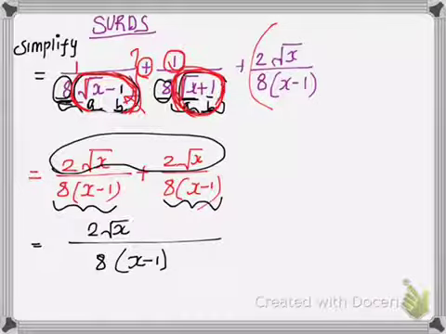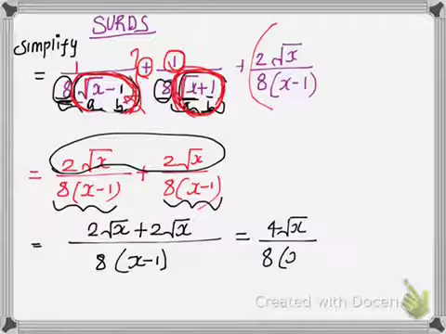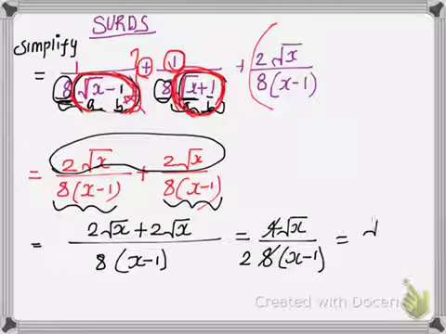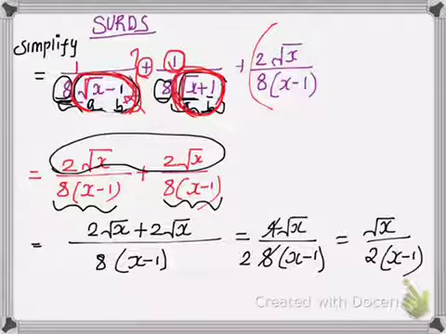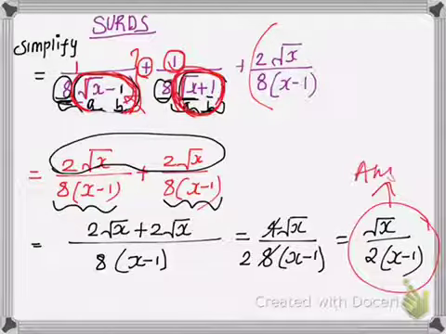So we can write 2 root x plus 2 root x, which gives 4 root x divided by the denominator 8 times x minus 1, so 4 2s are 8, and we've got root x as our numerator and 2 times x minus 1 as our denominator. And yes, this is our answer for this question.